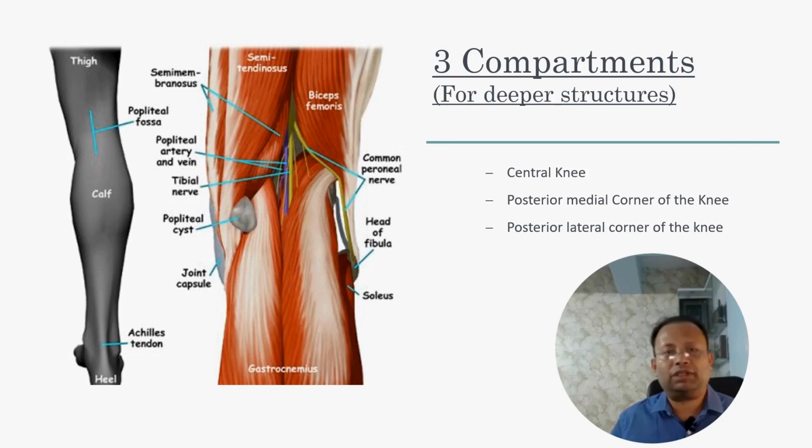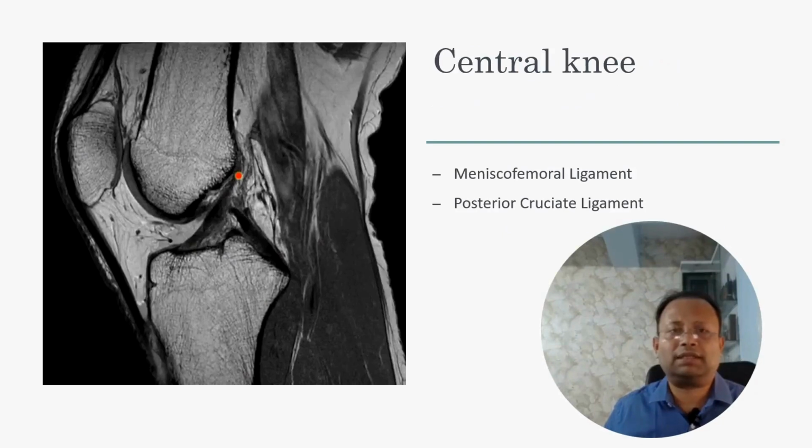So if we divide in equal 1/3 divisions, first we will see the central 1/3, then medial 1/3, then lateral 1/3. If you see the central knee, this is an MRI picture, of course, and we can see that this is the ACL and this is the PCL. In the central part, we can see this type of ligaments.